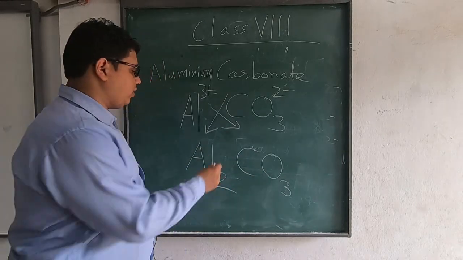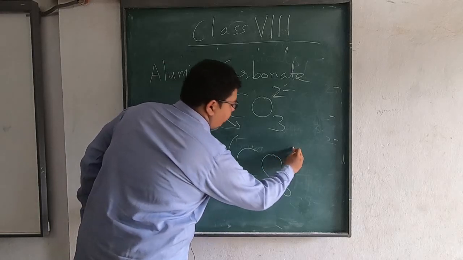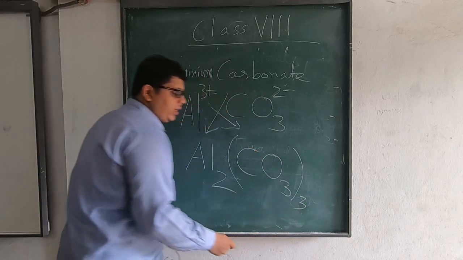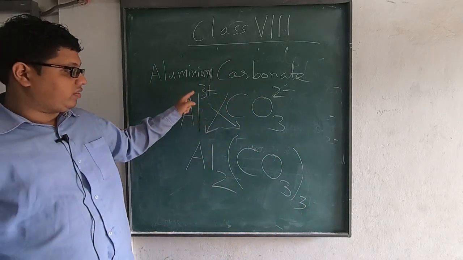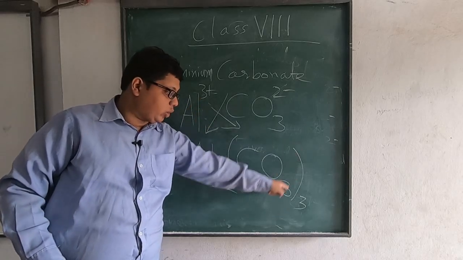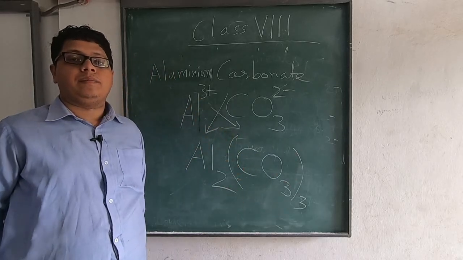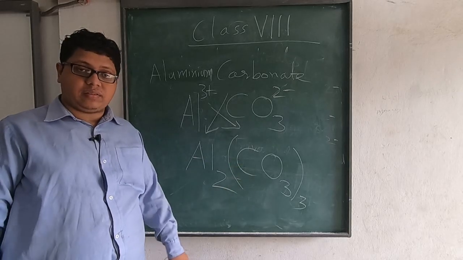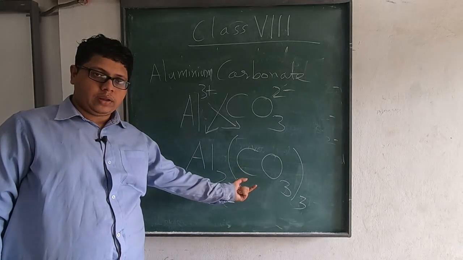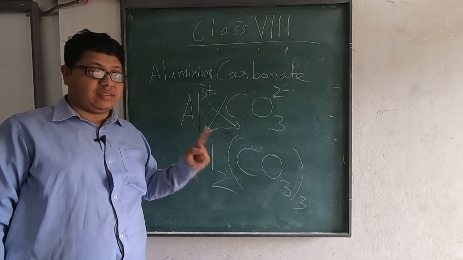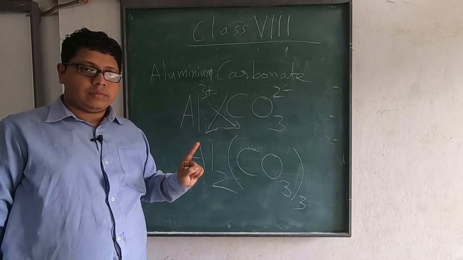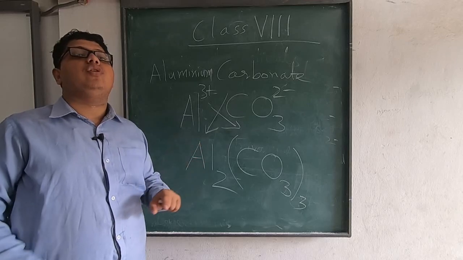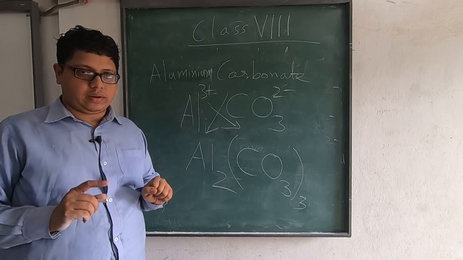In this kind of case, we have to put a bracket before we write anything below. This 3 came down here, but we had to give a bracket. Had it been a single atom, a simple radical, then we don't have to give a bracket.